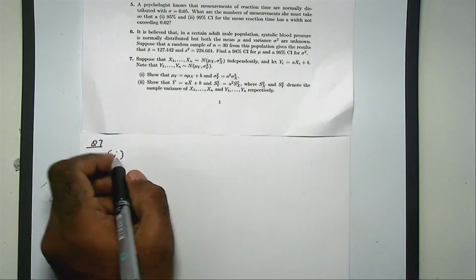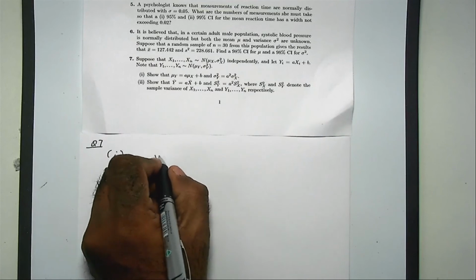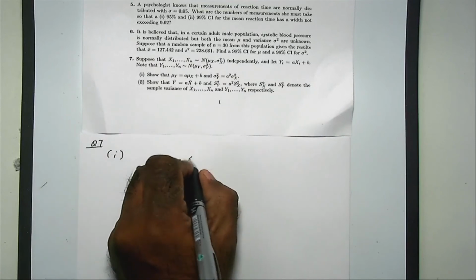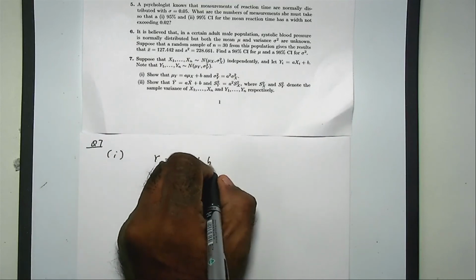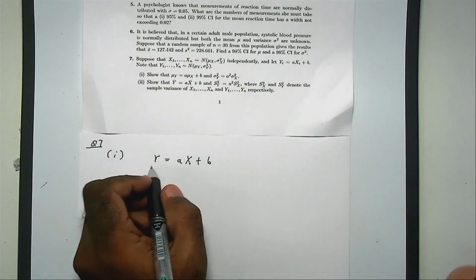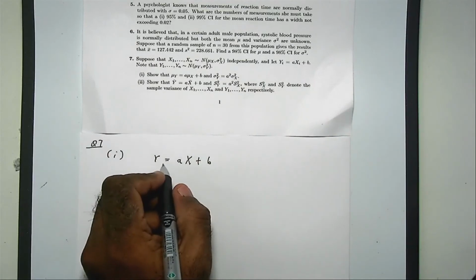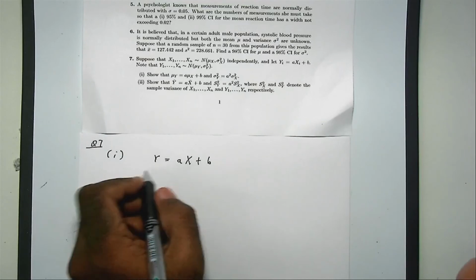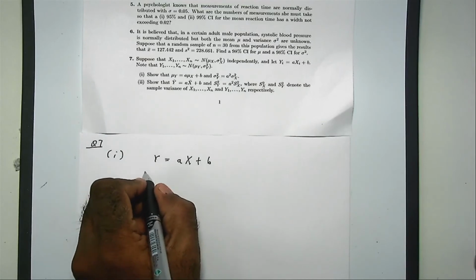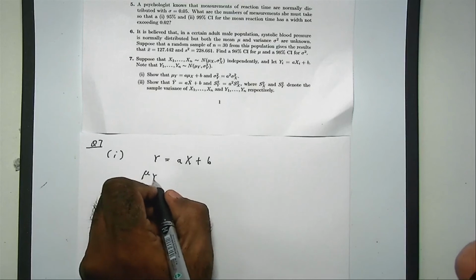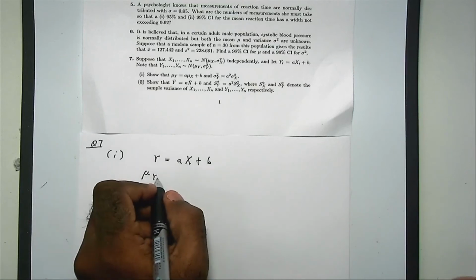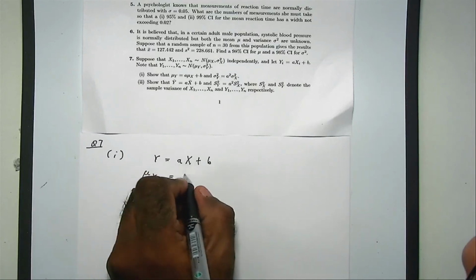part 1. So we are told that y is equal to ax plus b for every x and every y. Now remember, the mean of the normal distribution is the expectation. So mu y, which is the mean for y, is the expectation of y.